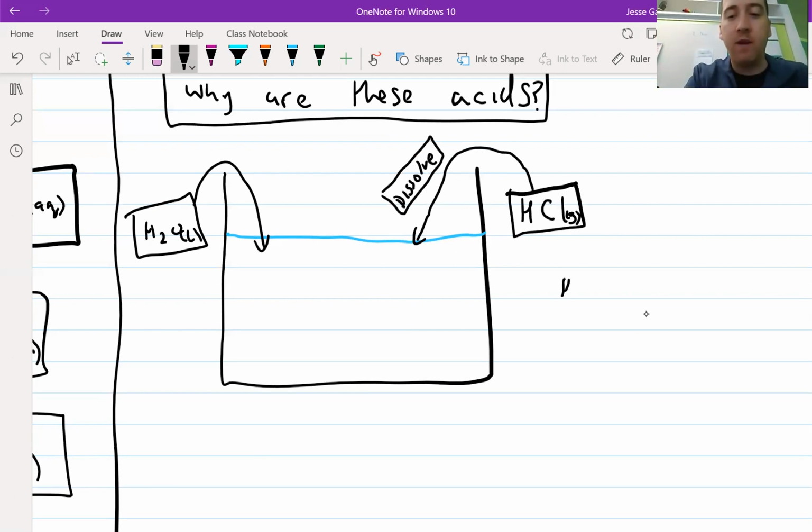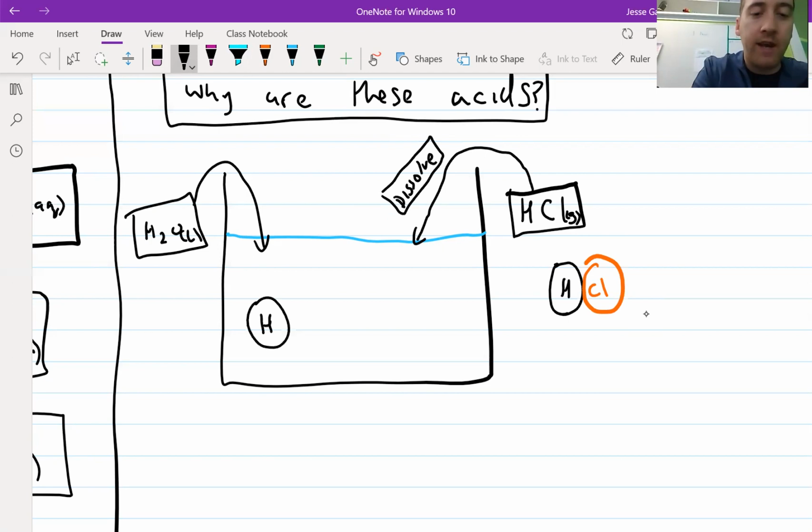HCl, if we were to look at it, is made of a hydrogen atom chemically bonded with a chlorine atom. But when we put it in the water, it splits into an H+ ion and a Cl- ion.